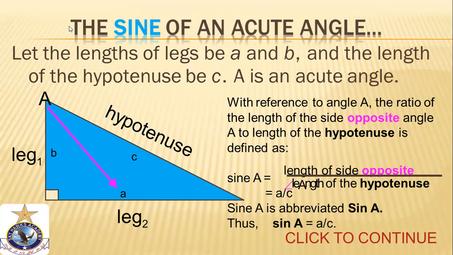What does that say? Equal A over C? Yes. Sine A is abbreviated sin A, and thus sine A is equal to A over C. Now, this is the first ratio. So, how can you explain this?